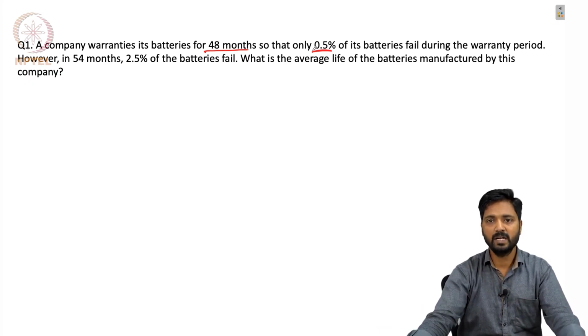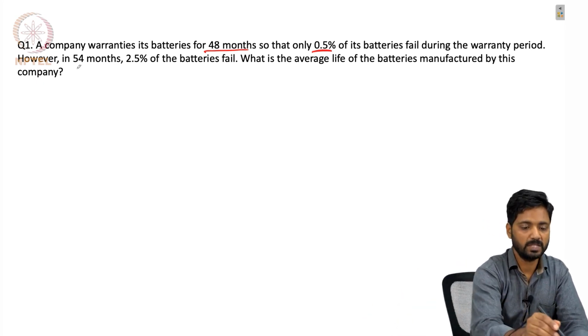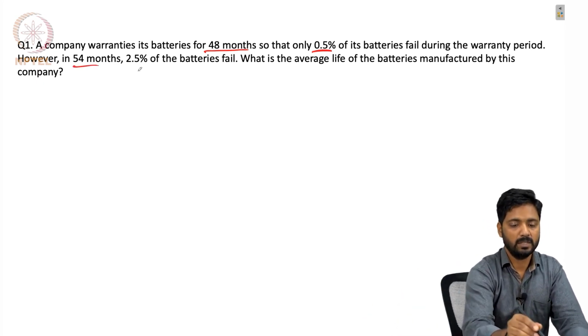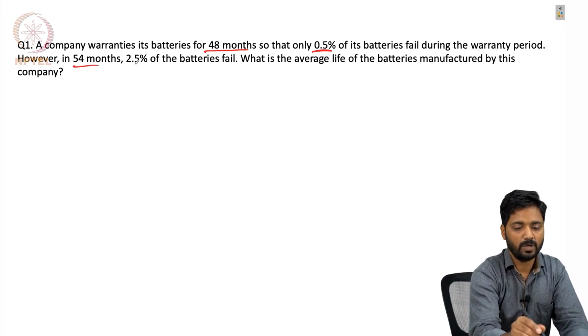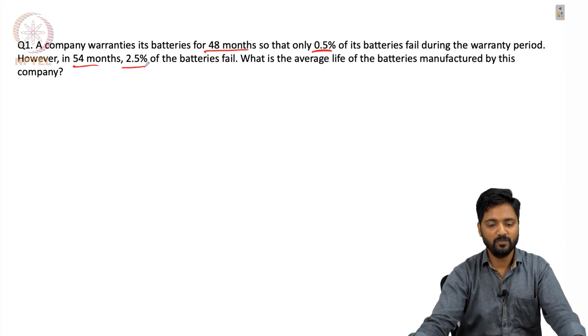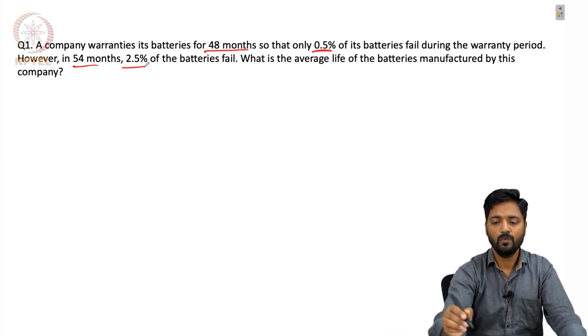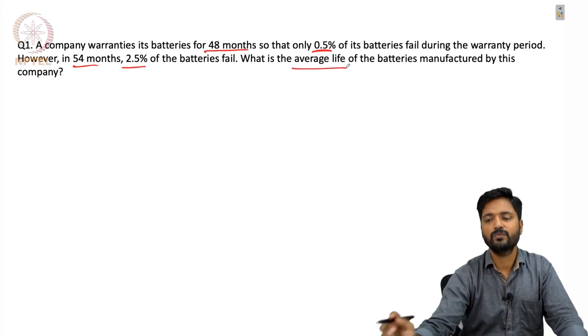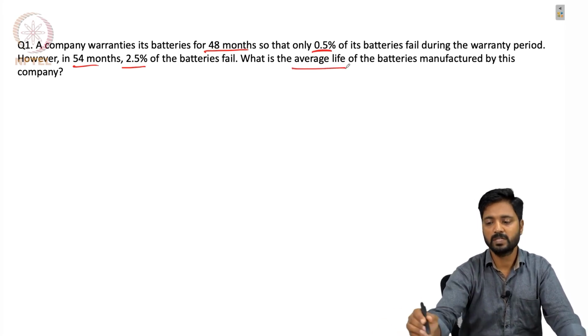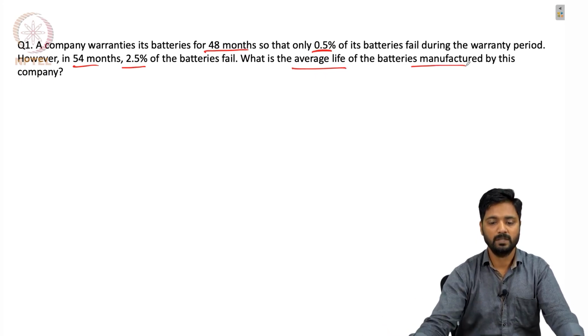However, immediately after the warranty time period gets over, that is in another 6 months, there is a significant reduction in the number of working batteries, and 2.5% of the batteries fail to perform. So, with this data, the question that we are dealing with is, what is the average life of the batteries being manufactured by this company?